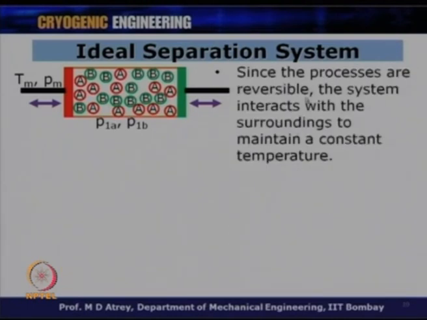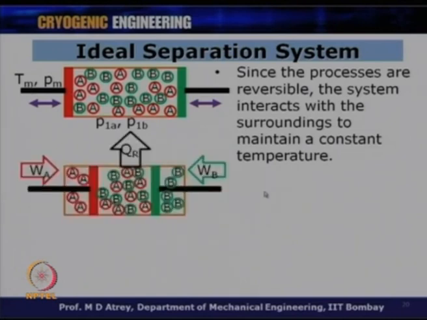Since the processes are reversible, we are claiming this particular process to be reversible. The system interacts with the surroundings to maintain a constant temperature. So, all these processes are happening at constant temperature Tm. What I am doing basically is pushing piston B and piston A inwards, so I have to do some work WA and WB respectively.